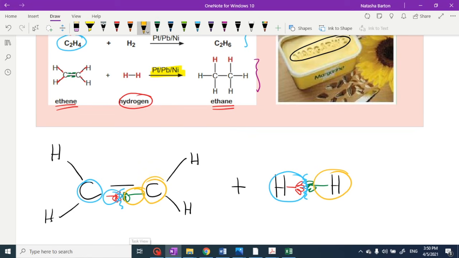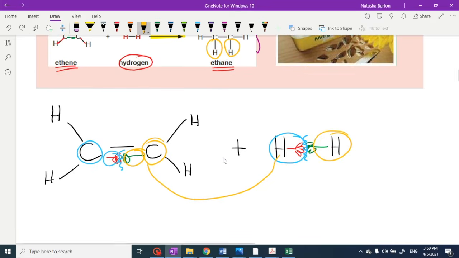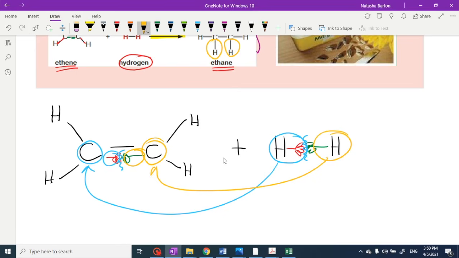Then in the end, where that double bond would be, the one bond will lead to the formation of ethane. So these two hydrogen atoms are going to take the place. Let's draw it like this instead. This one over here is going to attach itself there, and then this one over here is going to attach itself there.